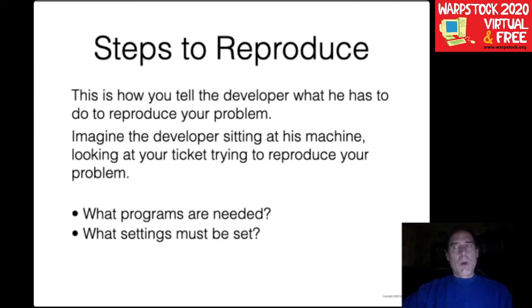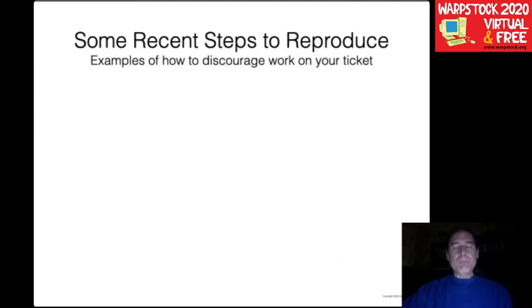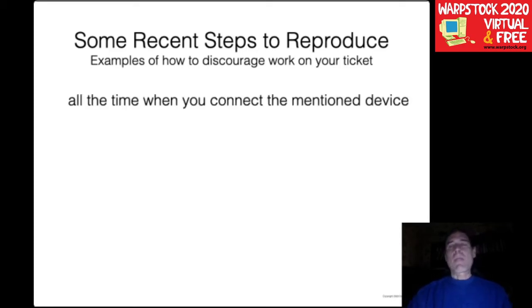So, what really happens? Let's take a look. In other words, examples of how to discourage work on your ticket. Let's take a look at the first one. All the time when you connect the mentioned device. I don't really see any steps there, so I'll go on to the next ticket. Not much more to say. No steps there either.